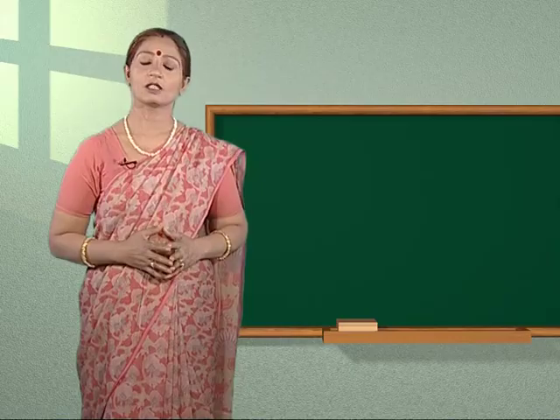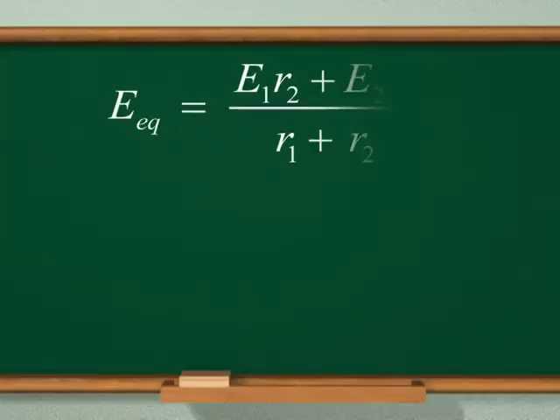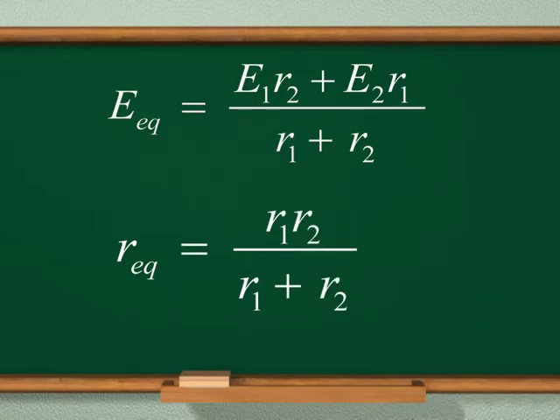When two cells of EMFs E1 and E2 and internal resistances r1 and r2 are connected in parallel combination between 2 points, then we have E equivalent equal to (E1 r2 plus E2 r1) upon (r1 plus r2), and r equivalent is equal to r1 r2 upon (r1 plus r2).